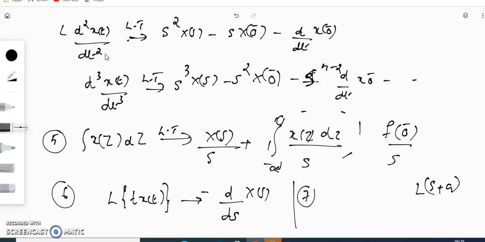There is a shift in the s domain, and that is multiplication by e raised to minus at in the time domain. e raised to minus at into x of t, its Laplace transform is x of s plus a.